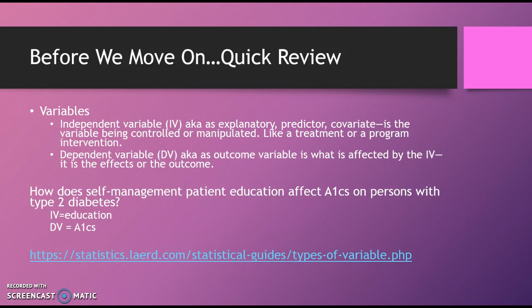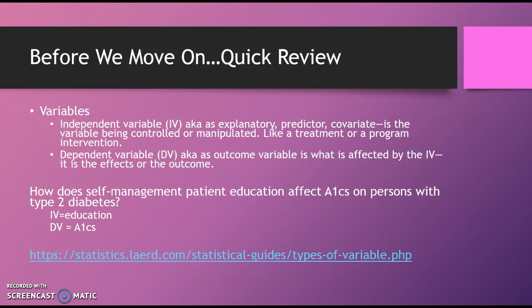It is the variable that is being controlled or manipulated. It is the variable that is being introduced into the study to see if it impacts an outcome. So this would be your treatment variable or a program intervention variable. So things like that. But that's the independent variable.